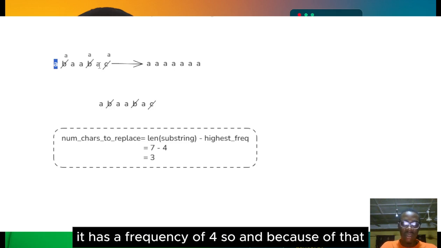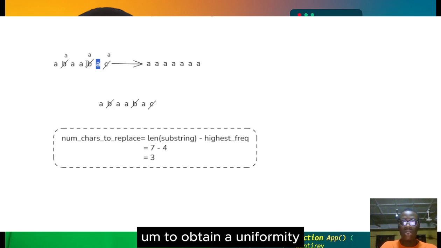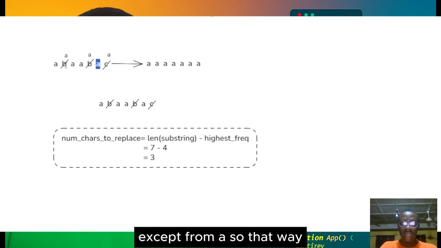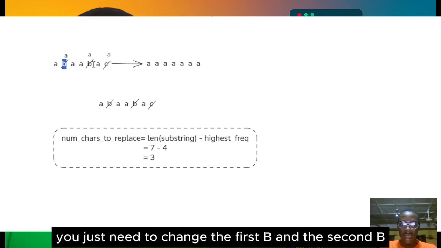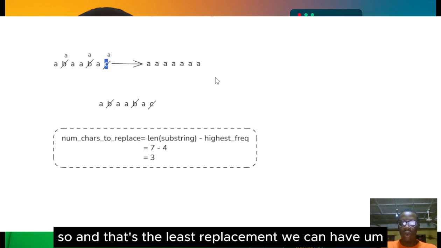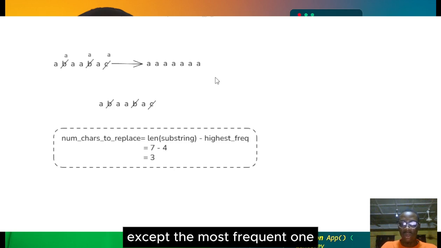And because it's the most frequent one, to obtain uniformity, we are gonna change every other character except A. So that way, we just need to change the first B and the second B and then the C right here. That's the least replacement we can have by replacing every other character except the most frequent one.